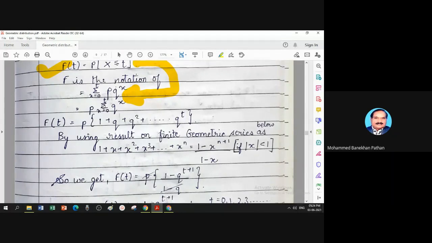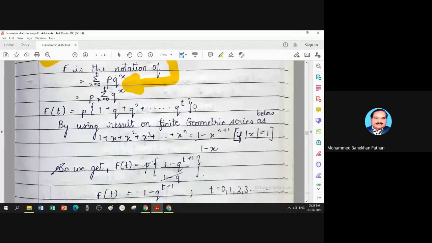Next value of X is 2, you get q square, and this continues, and lastly, X equal to T, you get q raised to T. So this is called a finite geometric series. And from your 11th, 12th mathematics, you know the formula for this.